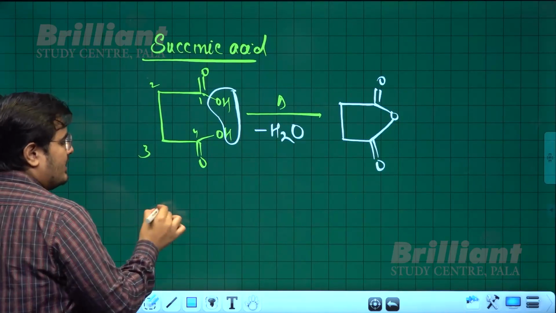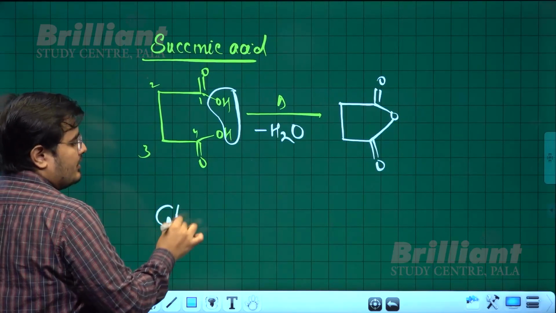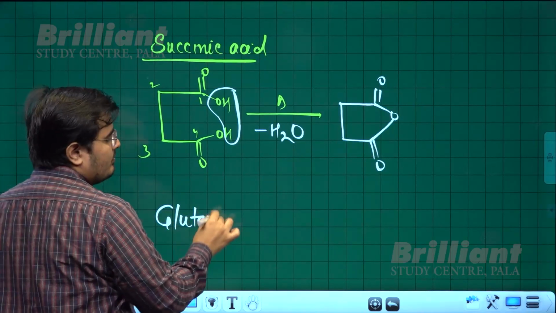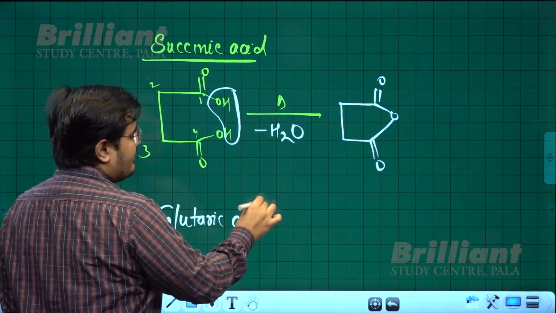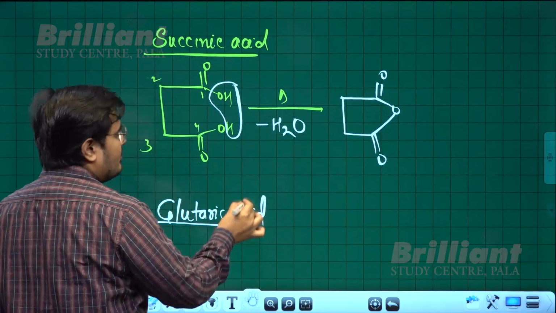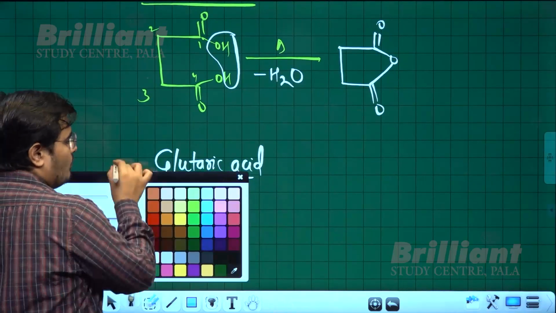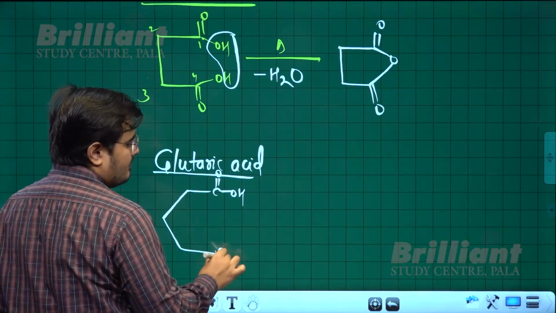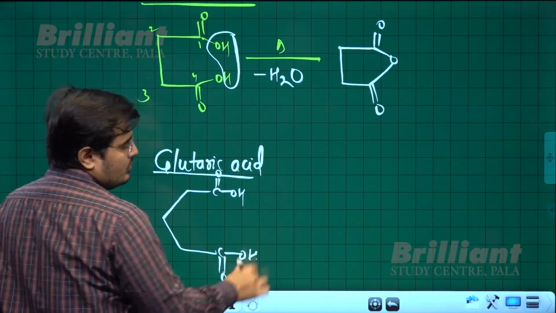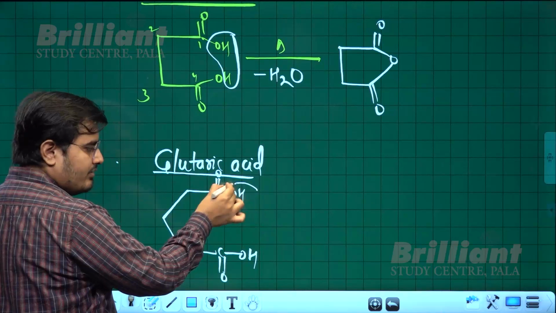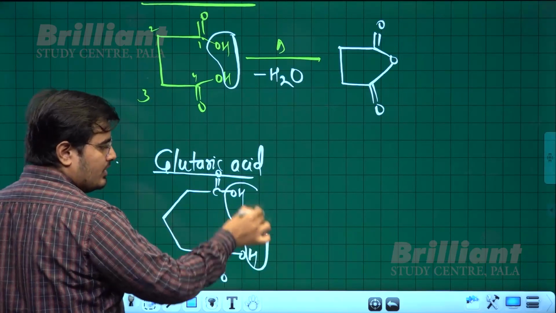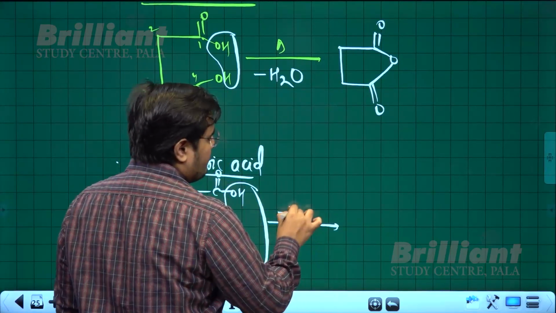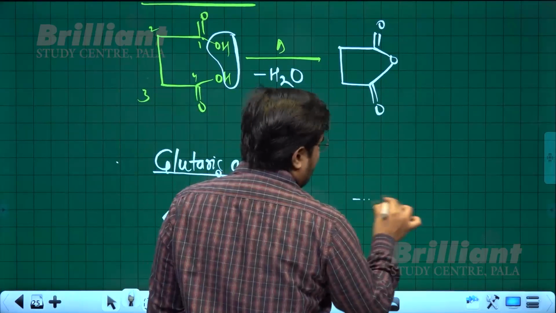The same thing will happen in case of glutaric acid also. In glutaric acid, the two carboxylic groups will be at what positions? 1, 5. So in this case also, the 1,5 acid will undergo dehydration to form the cyclic anhydride.